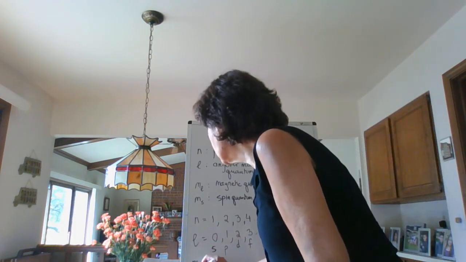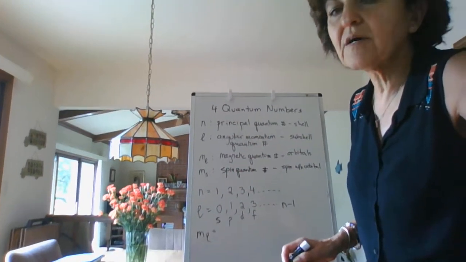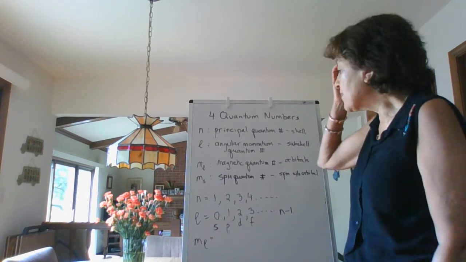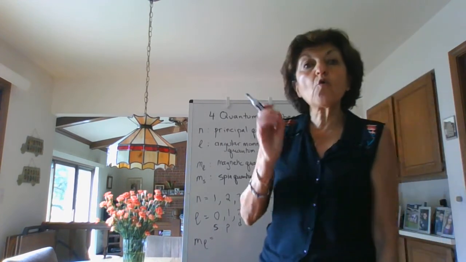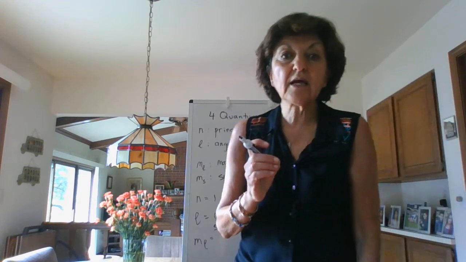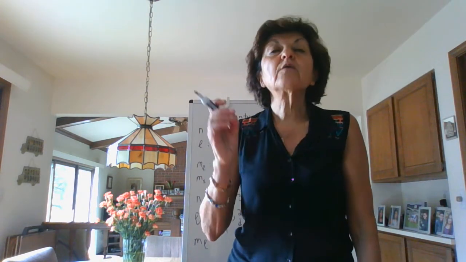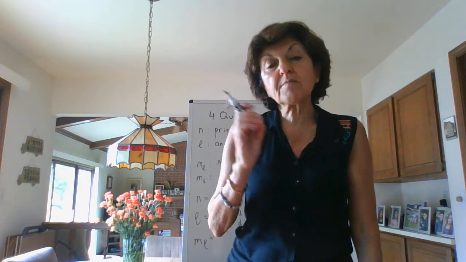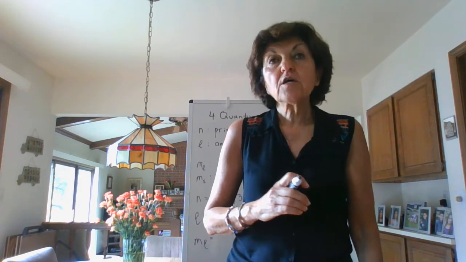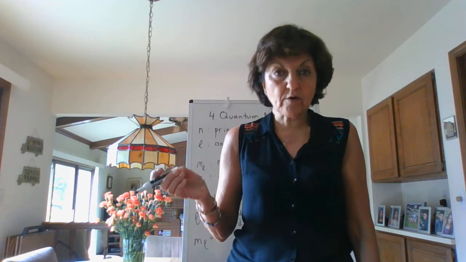ML, that's the magnetic quantum number, and that tells you which orbital it's in. Remember how we said back in intro chem days that every subshell has orbitals, and each orbital can hold a maximum of 2 electrons. So if, for example, we're in the S subshell, there's just 1 orbital.